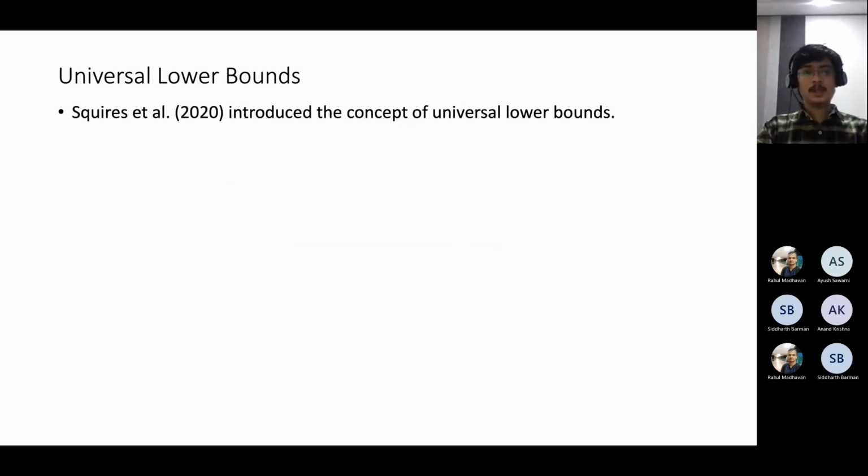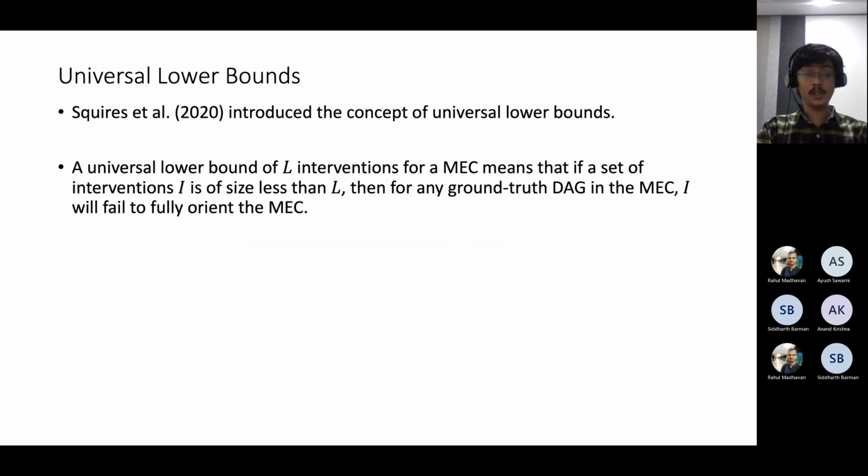Now coming to the main result of our paper, which is a universal lower bound. This universal lower bound was introduced in a paper by Squires et al. in NeurIPS 2020. What do we mean by universal lower bound?